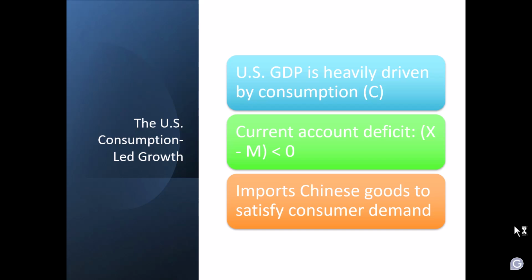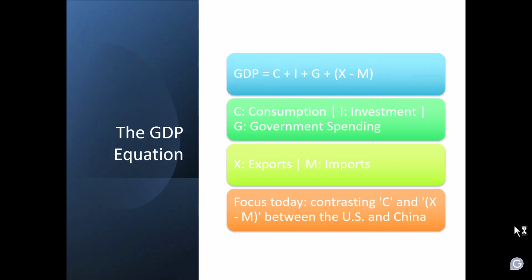Now, as an economist, I want to remind you, let's go back. Here is the GDP equation. The focus I just gave was on that last set of variables in the equation, the X minus M. And if we really focus on it, we kind of have a dilemma, because that focus shows the imbalance, where X minus M is hugely positive for China and X minus M is usually negative for the United States.